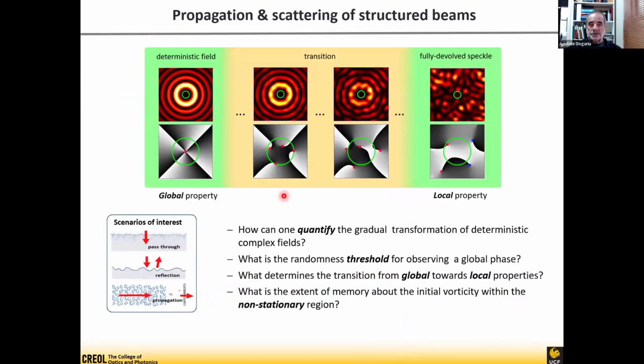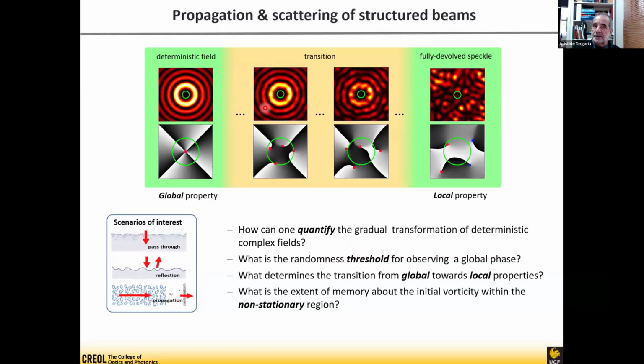Important in using these types of structured fields is the fact that they are very easily deformed, right? This is a blessing in disguise.